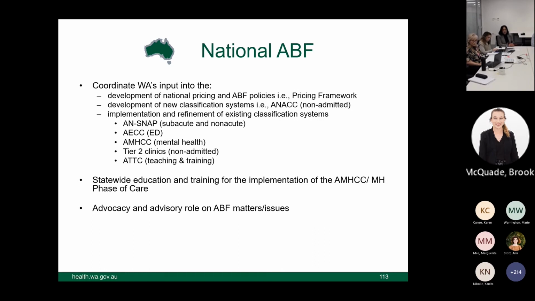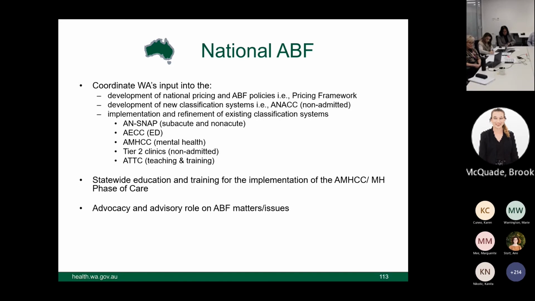Whatever input WA has, we coordinate it going up the hierarchy. The IPA, Independent Hospital Pricing Authority, is an independent government agency responsible for facilitating the national implementation of ABF, and they have been around since 2011.